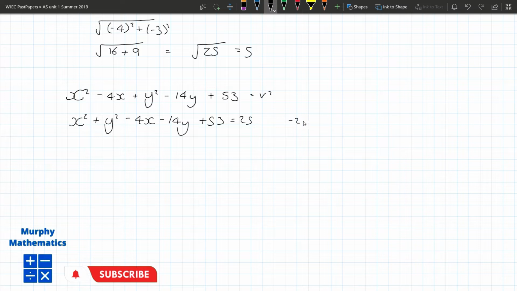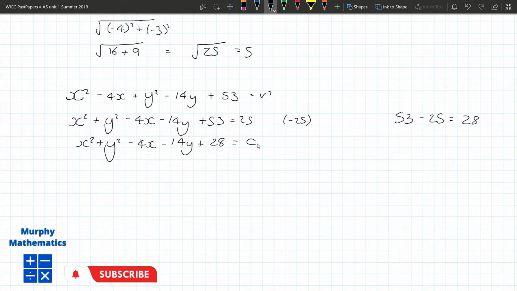I'm going to take 25 away from both sides, and I'm going to have x squared plus y squared minus 4x minus 14y, plus 53 minus 25, which is 28, plus 28 equals 0.